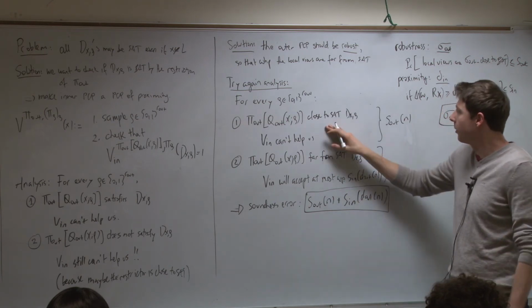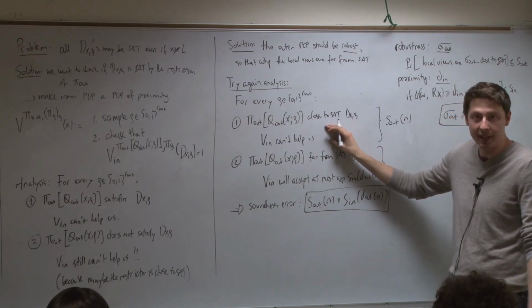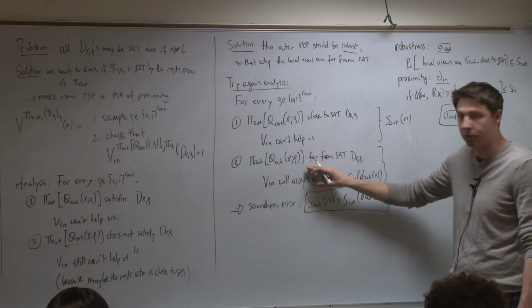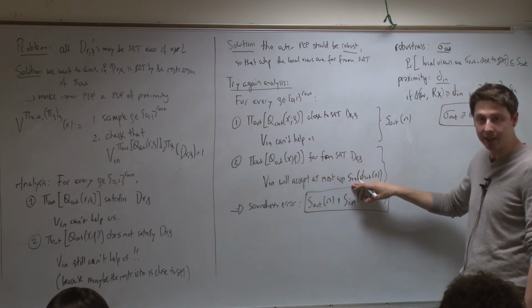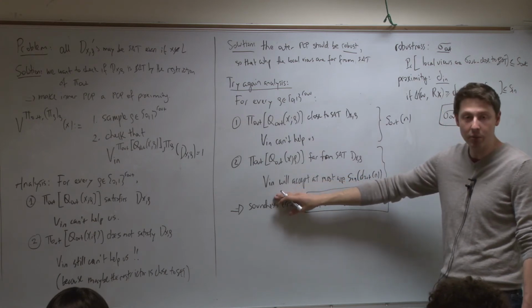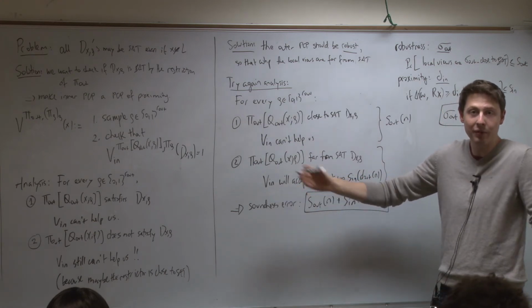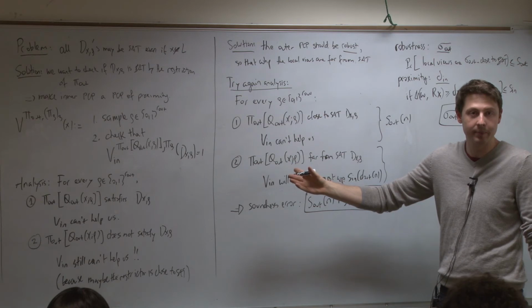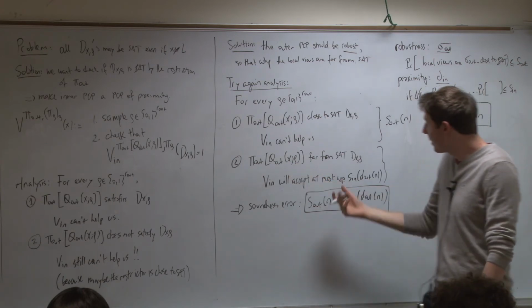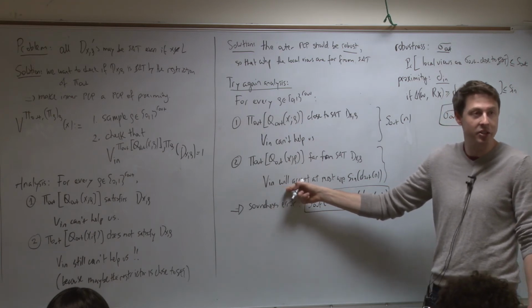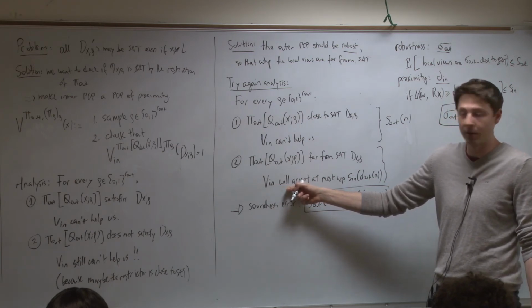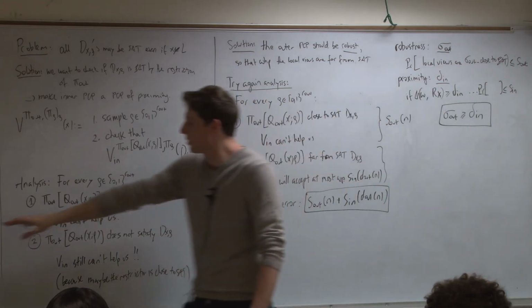Well, either we had a bad choice of row, and then we say nothing, or we have a good choice of row, in which case, with at most this probability, the local views of V in will be close to satisfying. Otherwise, it'll be far, right? And the robustness parameter is precisely whatever V in has on the instance sizes that it's called upon to decide. Okay? So it's kind of direct that it's this one, okay?